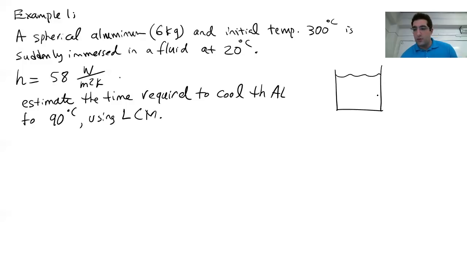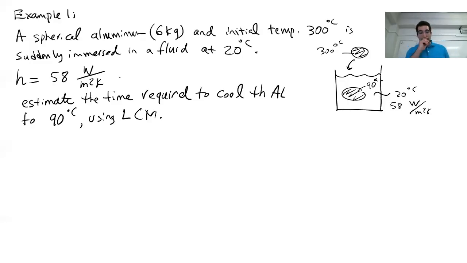There's a liquid at 20 degrees C, and also h is known as well, 58 watt per meter squared Kelvin. The object is initially at 300 degrees C. Drop it into the water, and you want to find out how long it takes to go to 90 degrees C. Well, the properties of the material should be given to you, otherwise you should be able to get them from the table at the end of the textbook.